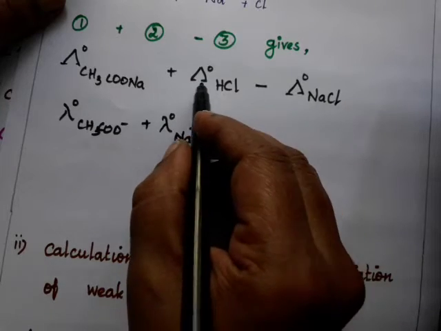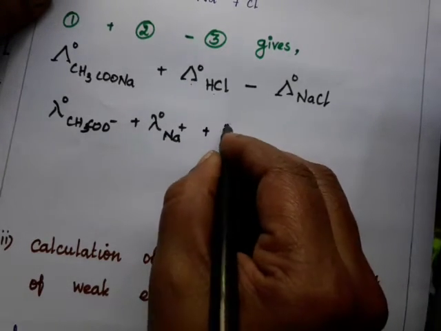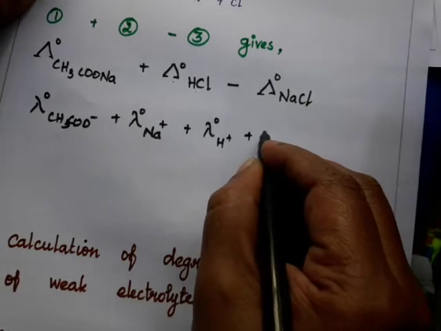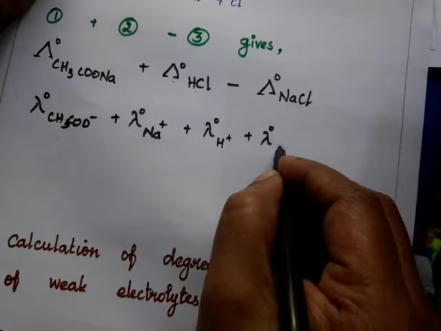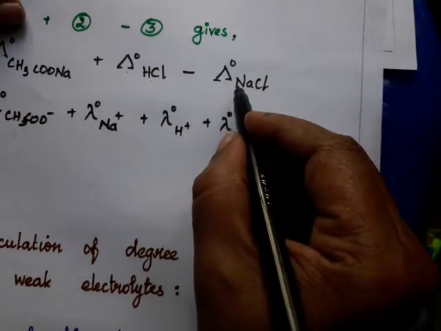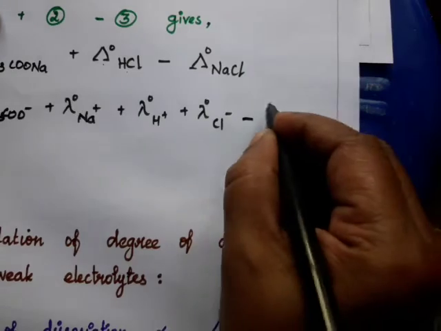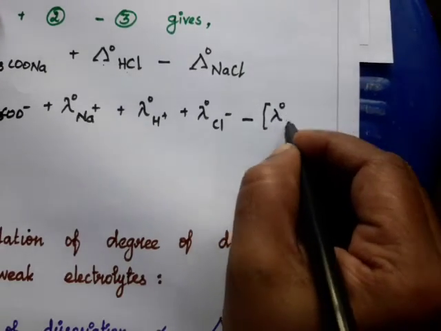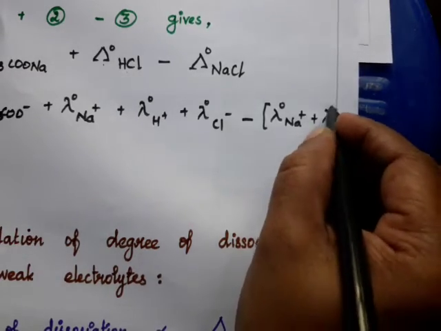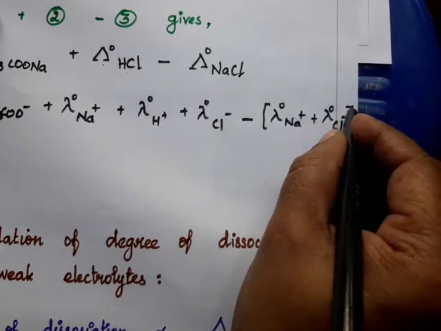Next we write for HCl: lambda naught for H plus and lambda naught for Cl minus. Next we write for NaCl: minus lambda naught for Na plus and lambda naught for Cl minus.